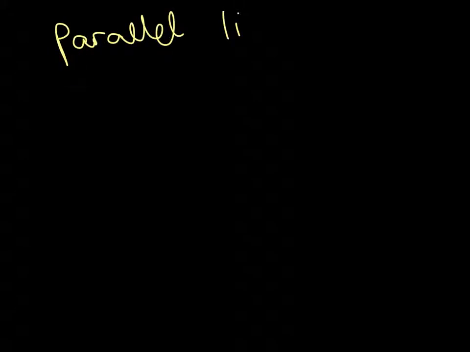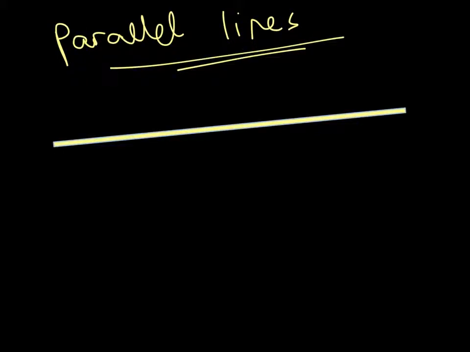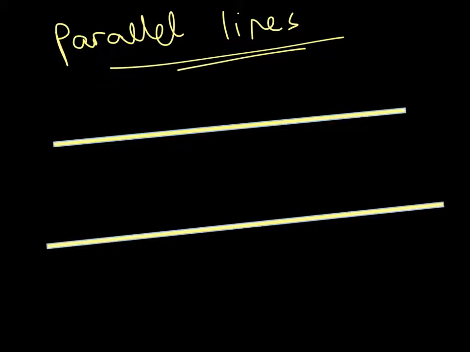Next up is if we wanted to draw two parallel lines. Parallel lines are lines that will never meet. So we're going to write: parallel lines, they'll never meet. There are two criteria we need to satisfy. These are roughly two parallel lines.